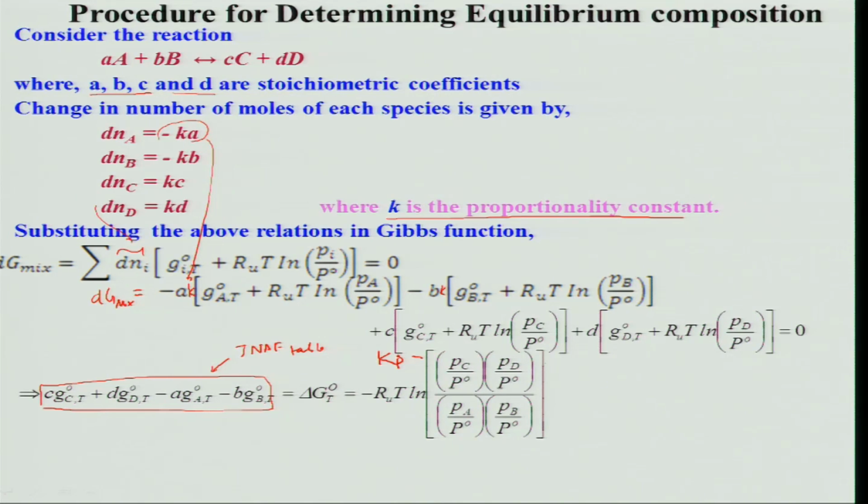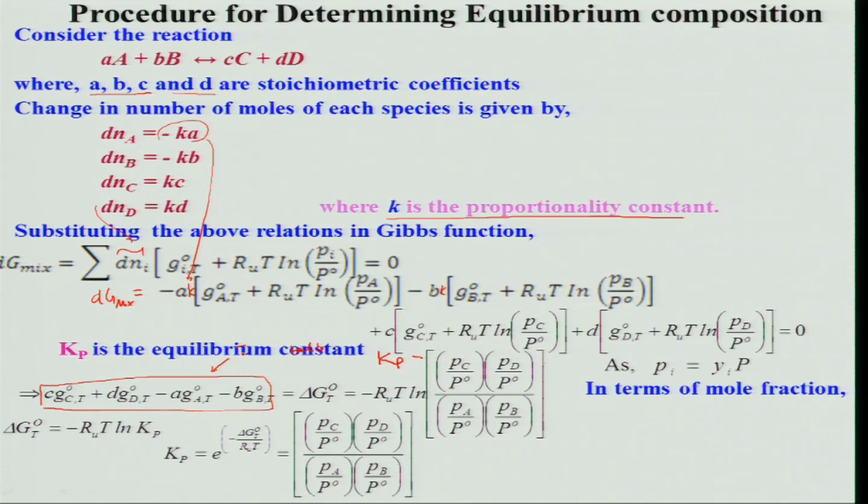What is this K p? K p is the equilibrium constant, and I can write K p is basically e to the power minus delta G naught by R_u T, into this portion, that is K p. That means this is known, and this is known, am I right?